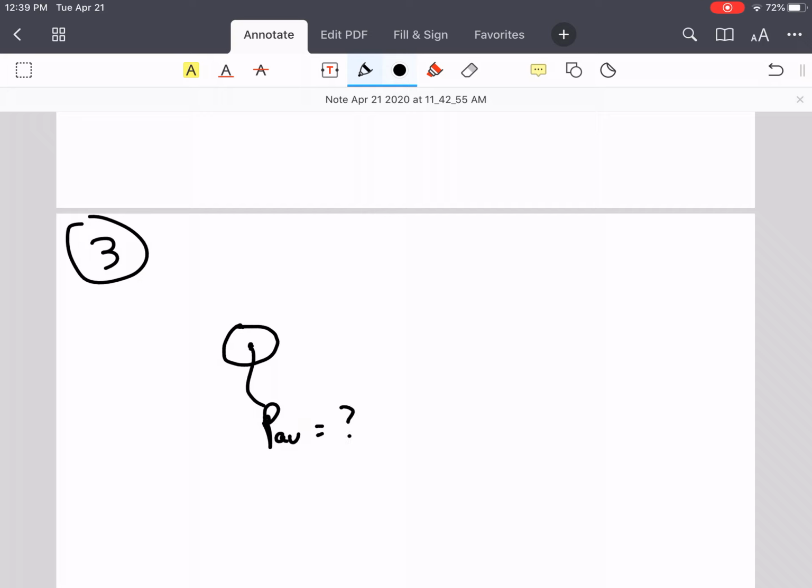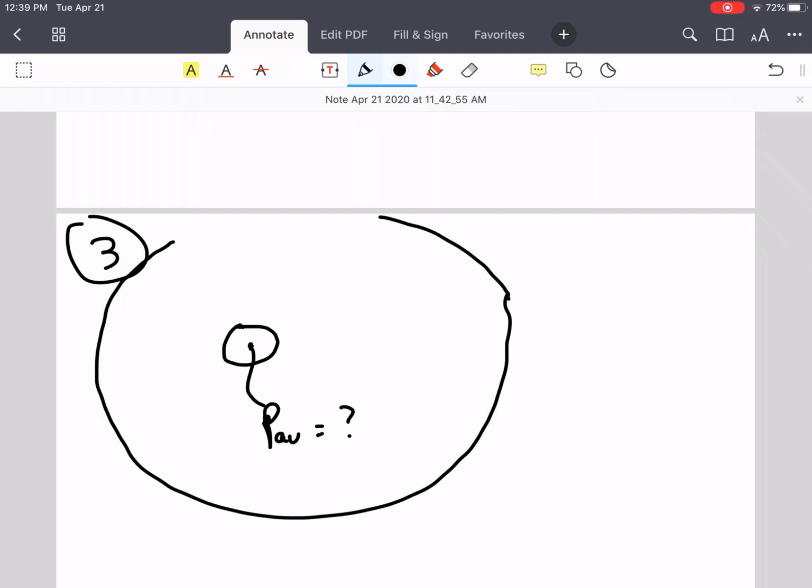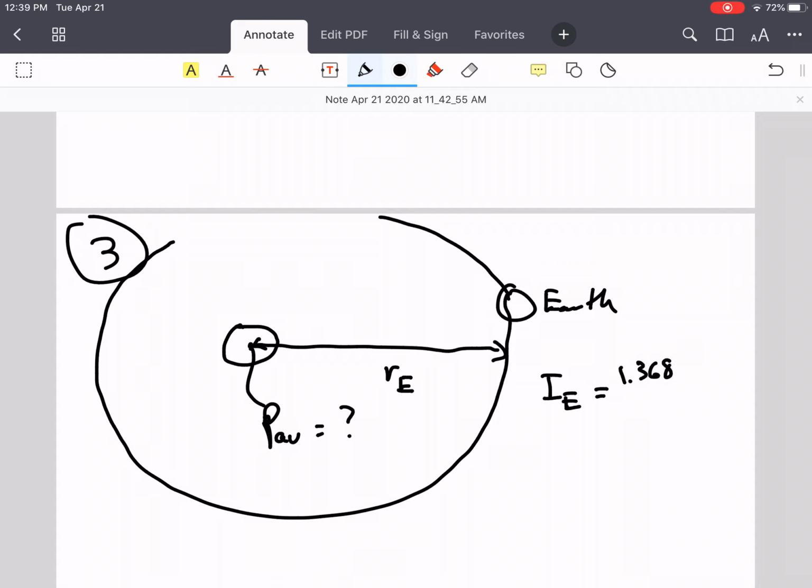That's going to be part B. However, we do know that at the Earth, which is much, much further away than the surface of the sun, at that radius, the intensity is 1.368 kilowatts, meaning times 10 to the third watts per meter squared. The units of intensity are watts, power, divided by area, meters squared.